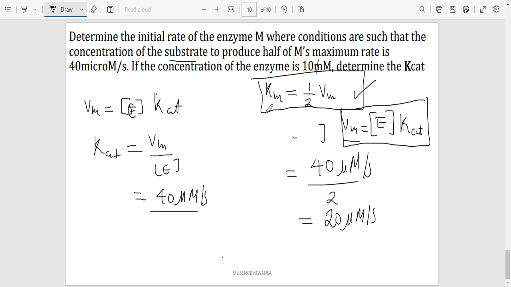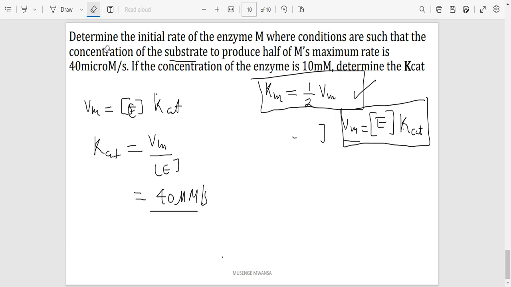Now, this is a milli, this is a micro. Those two units don't correlate, so we need to convert them to the same unit. For the 10 millimolar, I can first convert to molar and then to micro if I want. Because I've got a millimolar on top, I'm going to put a millimolar down and then a molar on top. A molar is bigger than a milli, so in this case we're going to say 10 to the power 3.